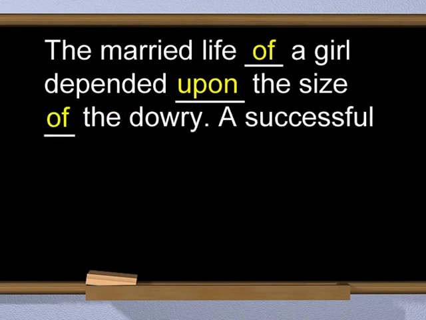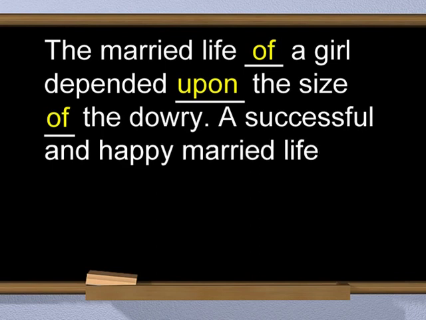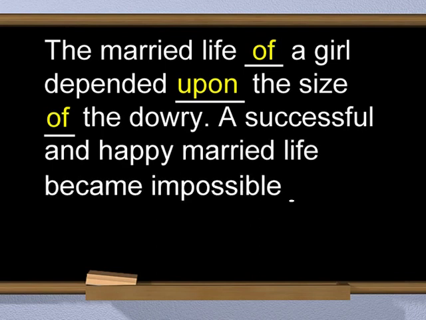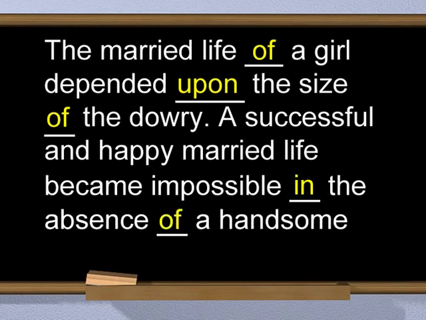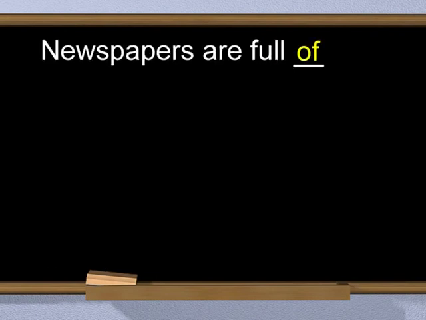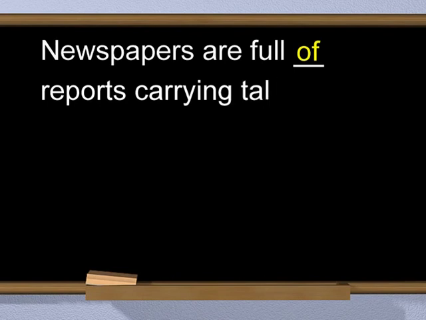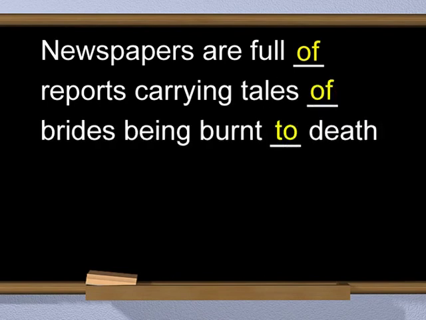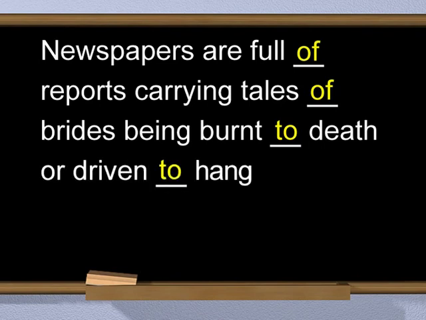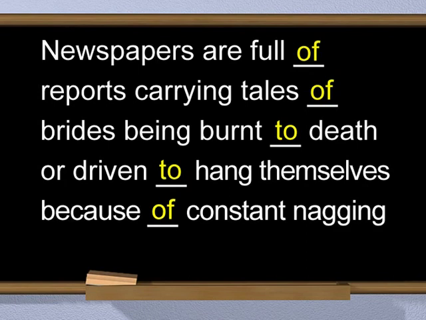A successful and happy married life became impossible in the absence of a handsome dowry. Newspapers are full of reports carrying tales of brides being burnt to death or driven to hang themselves because of constant nagging by their in-laws.